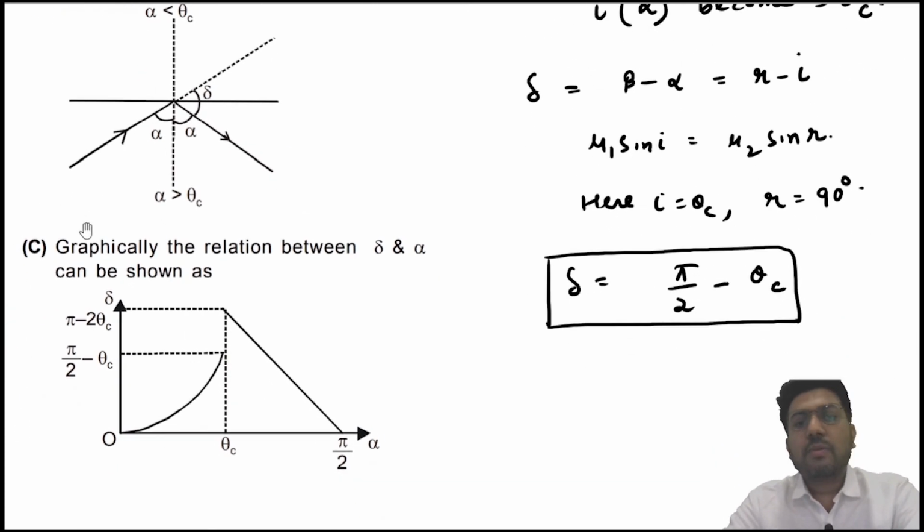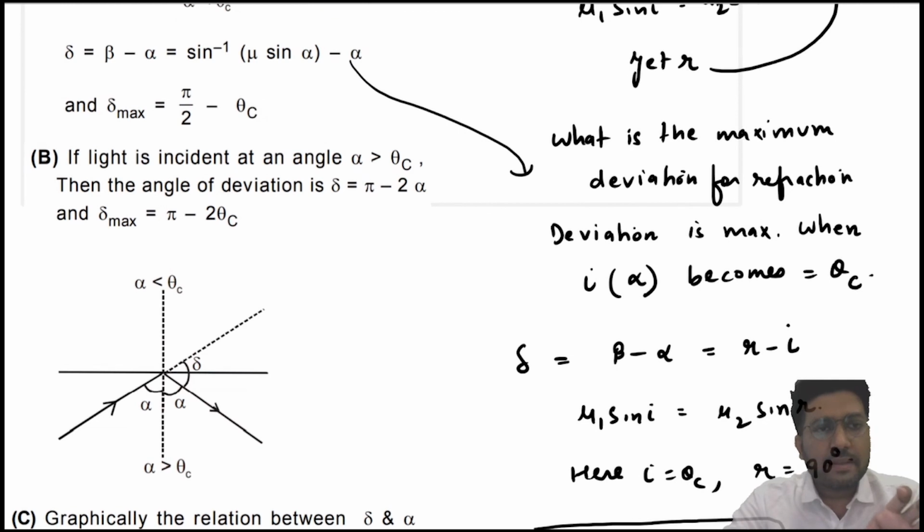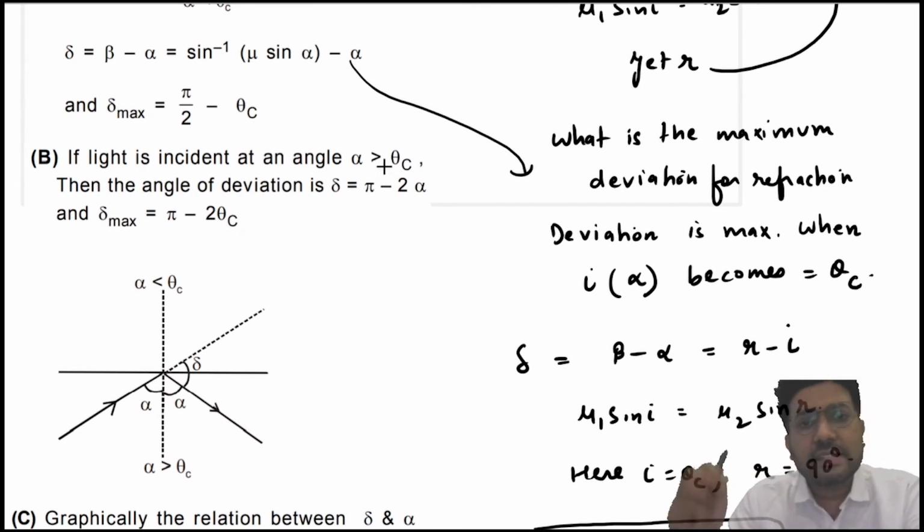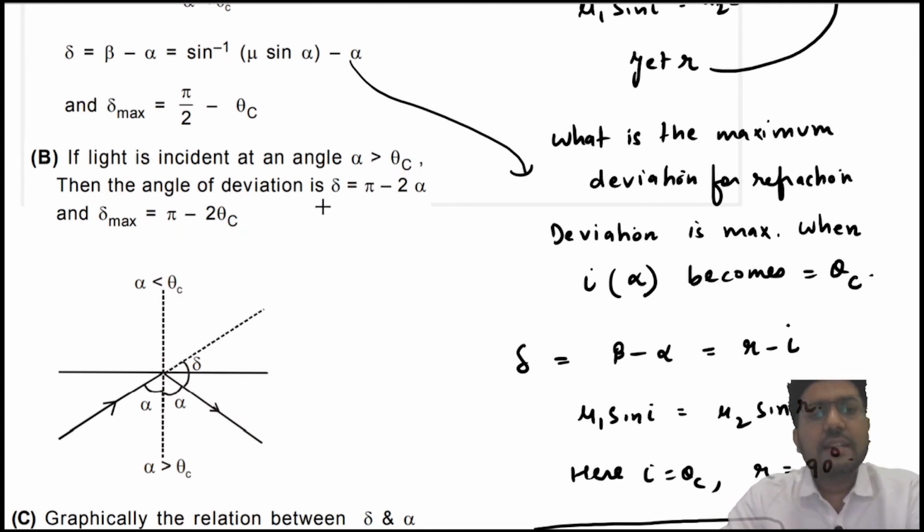Okay. Now case B, what happens if light is incident at an angle which is greater than the critical angle? In that case the angle of deviation is pi minus 2 alpha, where alpha is the angle of incidence, but this time alpha is greater than theta c.